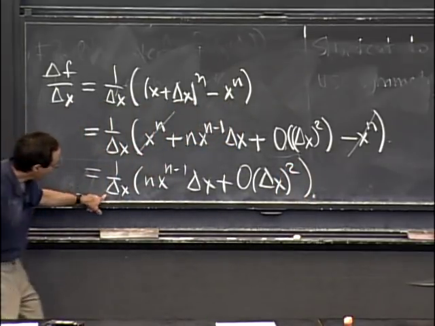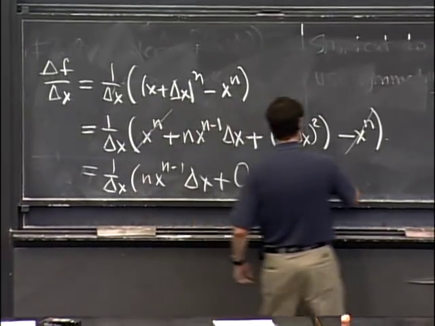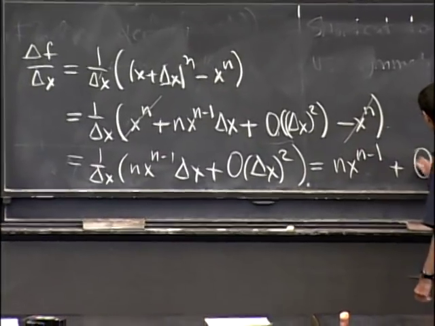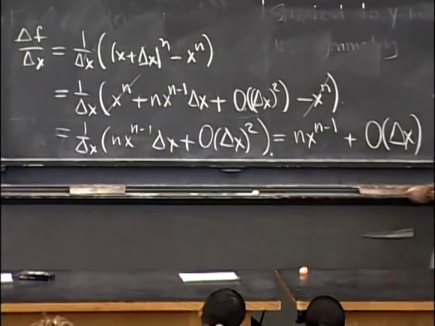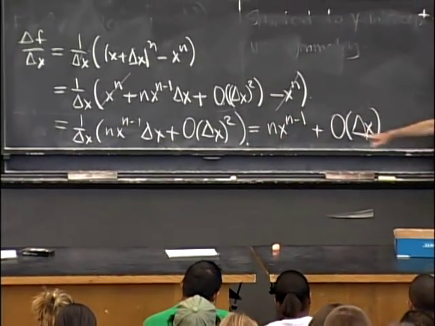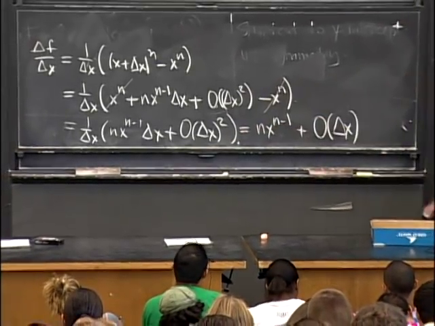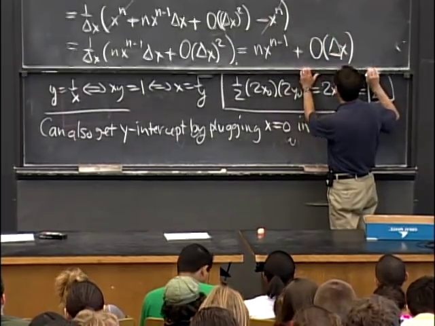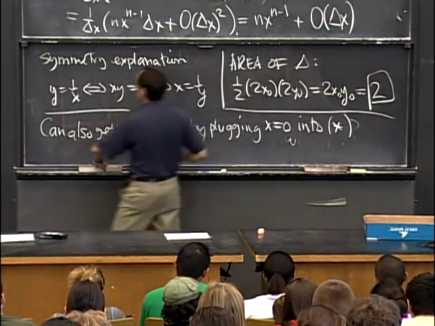And now I can divide by delta x. So I get n x to the n minus 1 plus, now it's O of delta x. There's at least one factor of delta x, not two factors of delta x, because I have to cancel one of them. And now I can just take the limit. In the limit, this term is going to be 0.